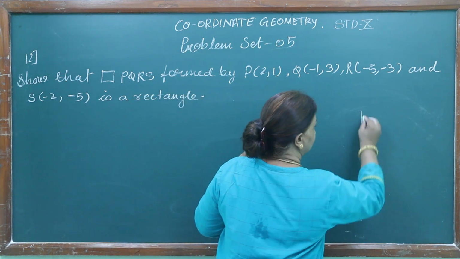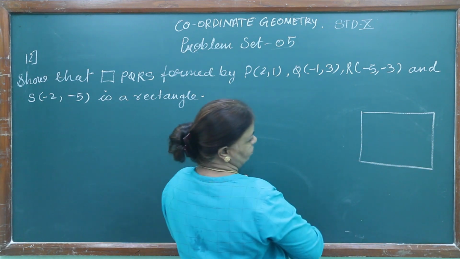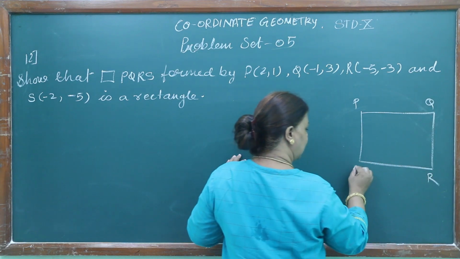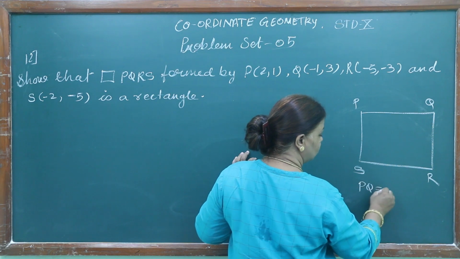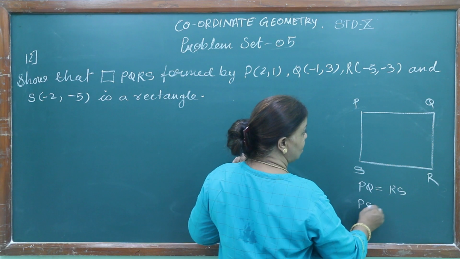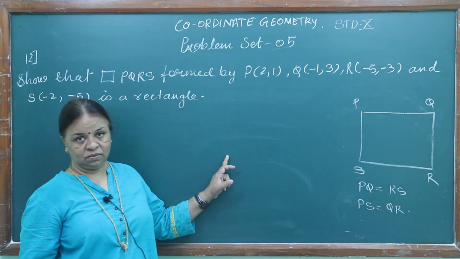If I draw a rectangle here, P, Q, R and S. What happens here? PQ will be equal to RS and PS will be equal to QR. That means opposite sides are equal.